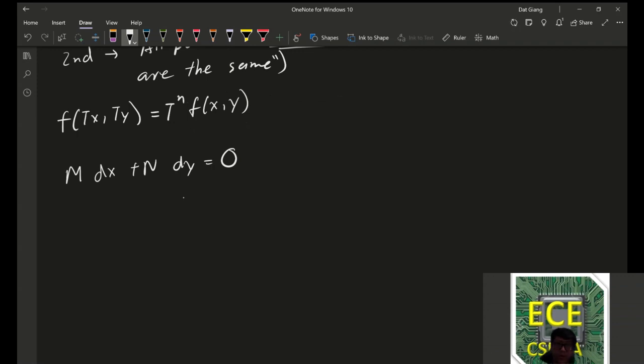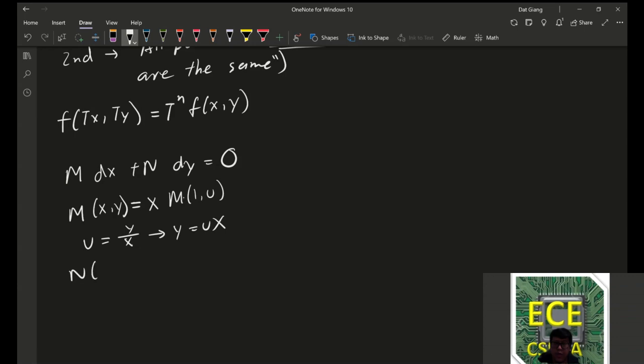So first, M is dependent on x and y. But I suppose that I can factor out all x's to give me 1 and u. Now u is equal to y over x. And if we do a little bit of manipulation, y is equal to ux.